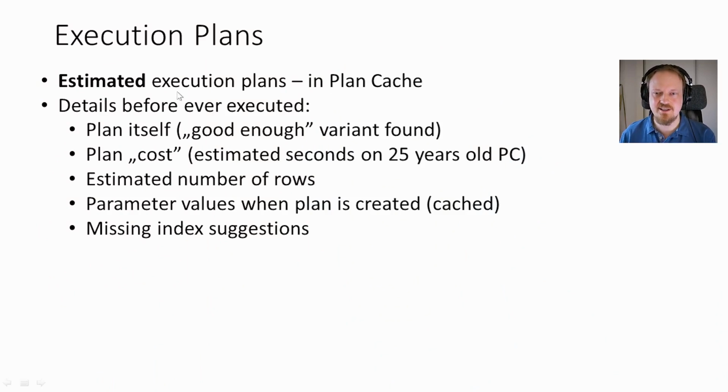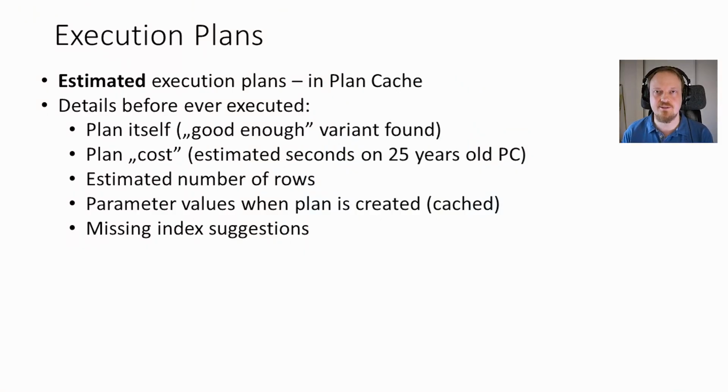So what details do we have in the estimated plan? We have the plan itself. It's a good enough variant, because if you have a very complex statement with a lot of tables and a lot of indexes, there are too many variations, permutations, that SQL must try, and it cannot be done in real time. You would wait a very long time for SQL to find the best plan, maybe hours.